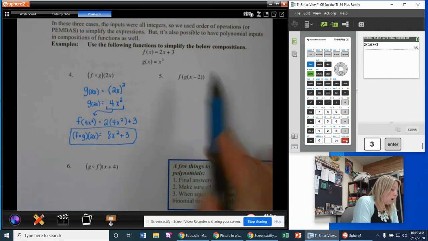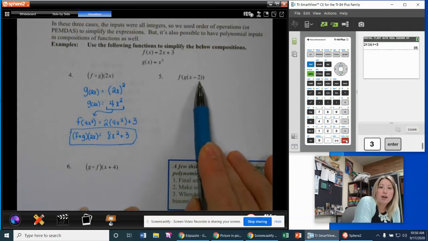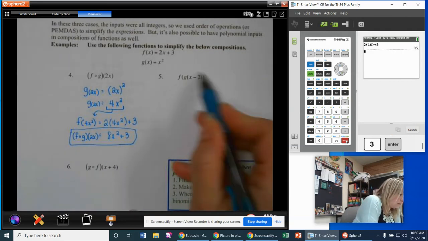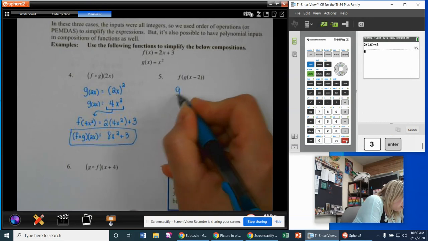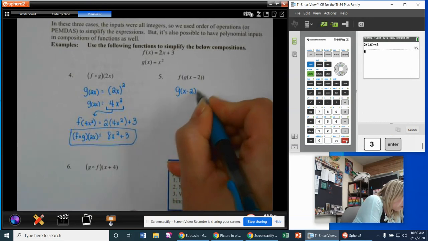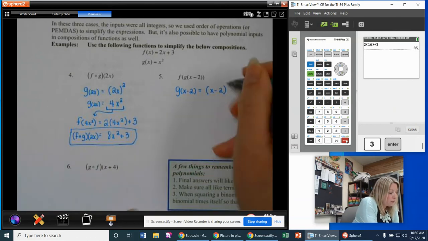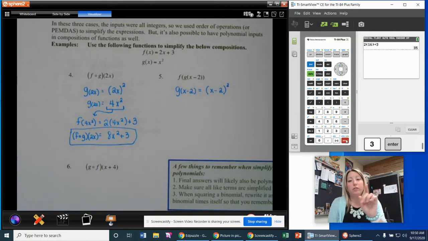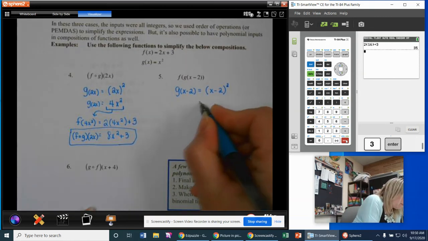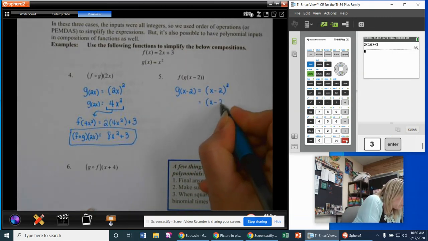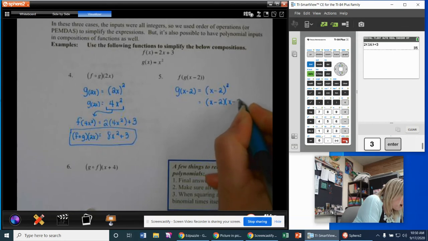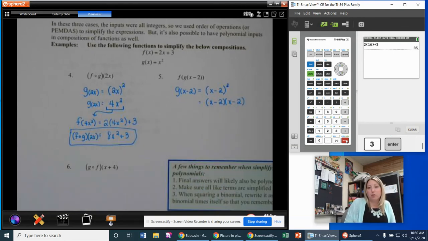Okay. g of x minus 2. That's the start. So g of x minus 2 means that what you're plugging in here is x minus 2, and you're squaring it. Well, when you see a polynomial squared, automatically rewrite it back out as x minus 2 times x minus 2, the binomial times itself.